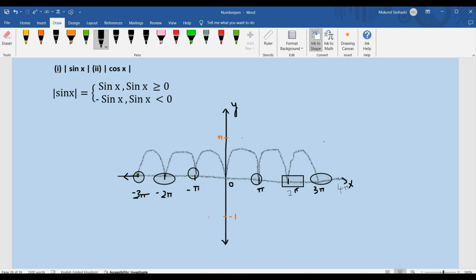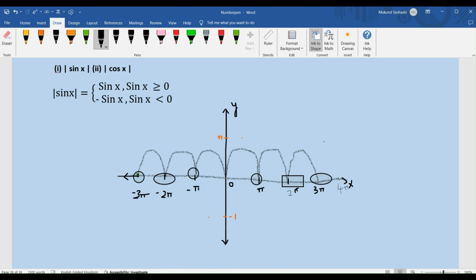You may call it a cusp or a corner, which means that the slope of this particular curve, mod of sin x, undergoes a change in direction as we move through these points, which are 0, pi, 2 pi, 3 pi and so on in the positive direction of x, and then minus pi, minus 2 pi, minus 3 pi and so on in the negative direction of x, right?